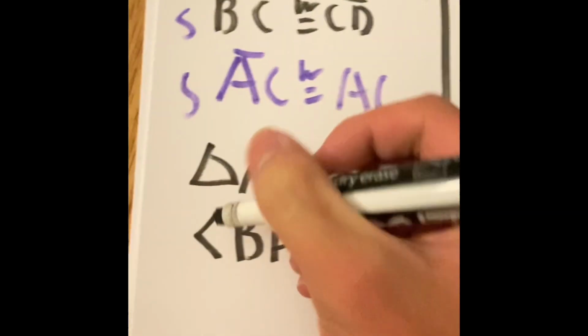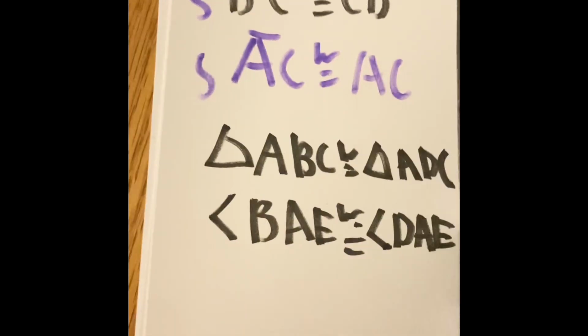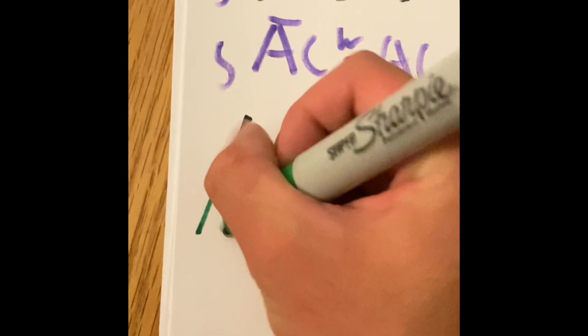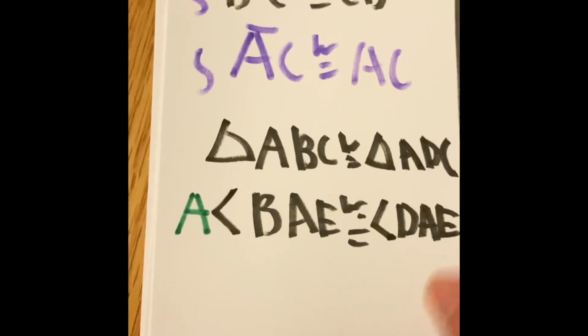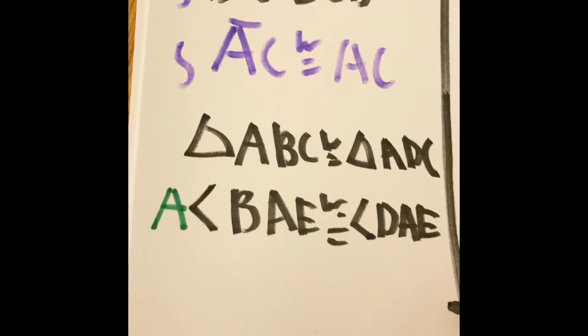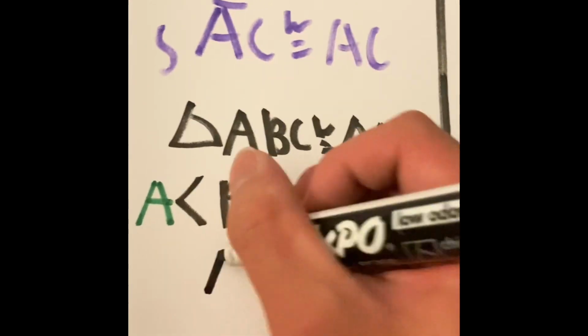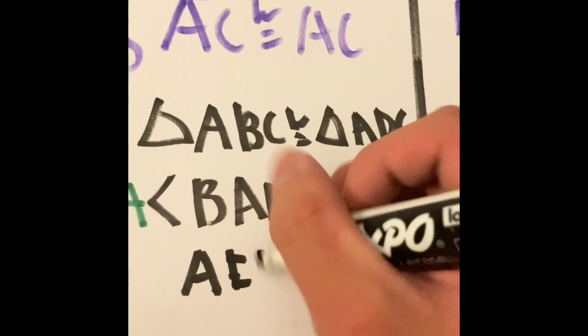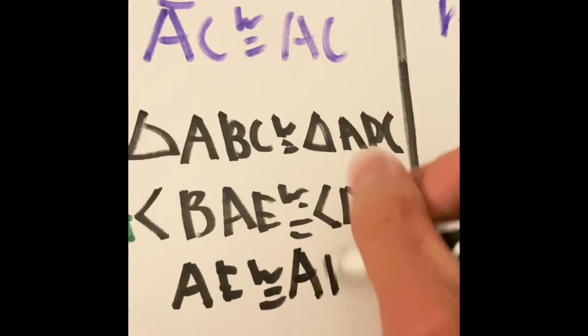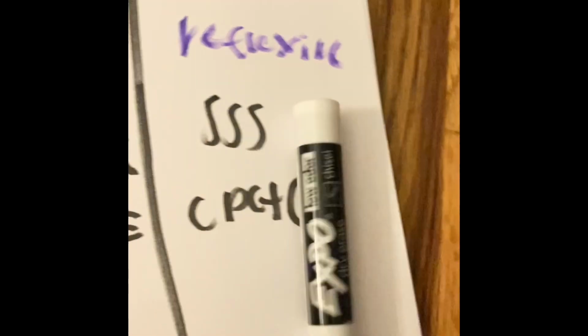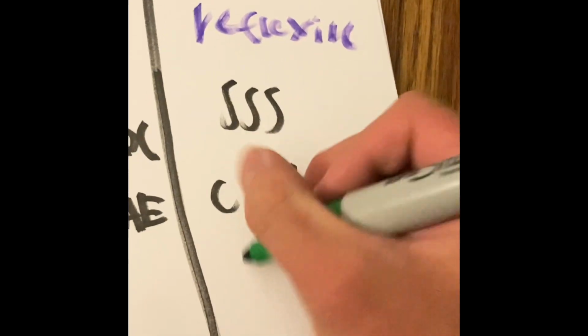So currently, right here is going to be an angle. Then we could say that AE is congruent to AE. And the reason why is reflexive again.